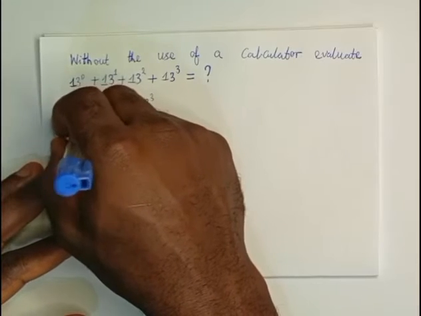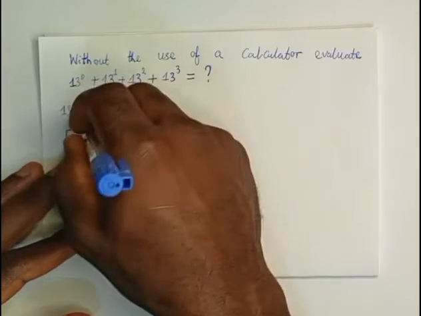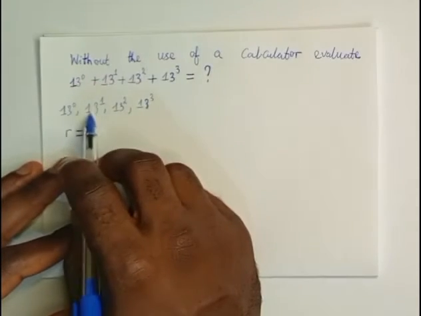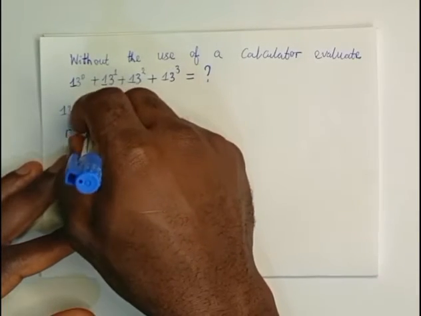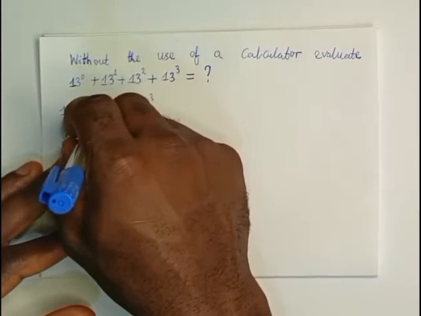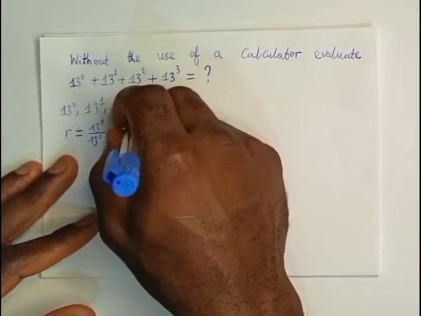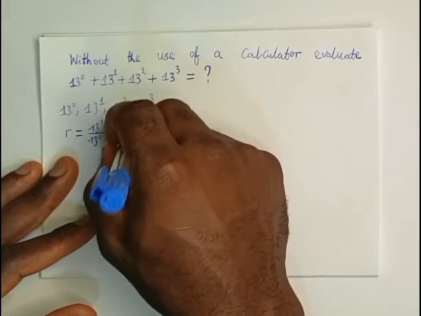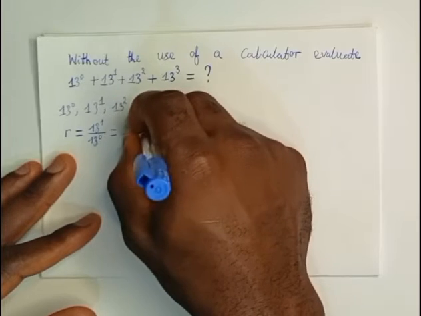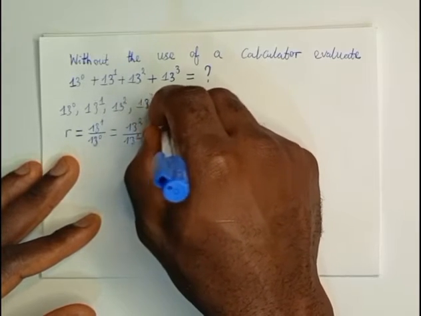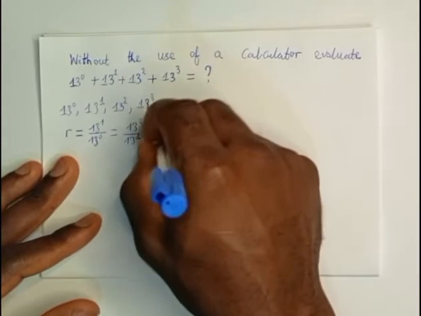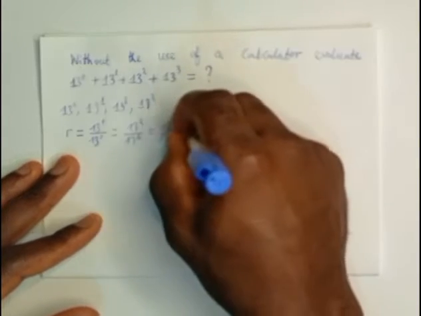R is simply equal to, we are going to divide 13 to the power 1 by 13 to the power 0, and this should be equal to 13 to the power 2 divided by 13 to the power 1, which is equal to 13 to the power 3 divided by 13 to the power 2.